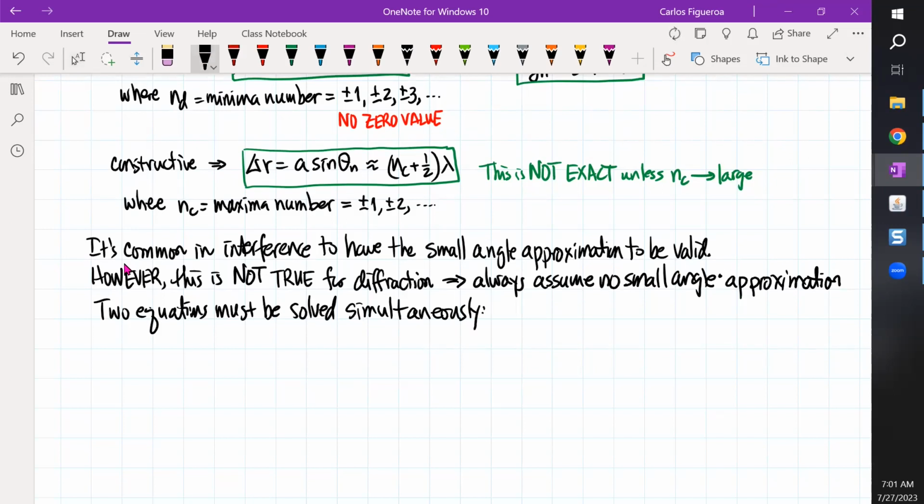The two equations are a sine of theta equal to n lambda, and yn equal to big D tan of theta n.